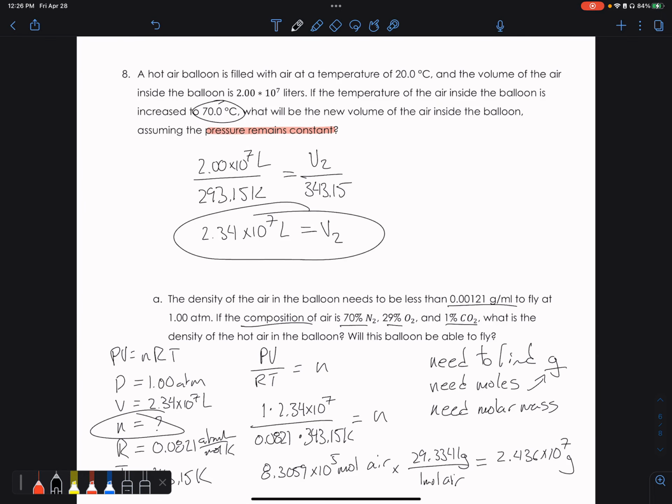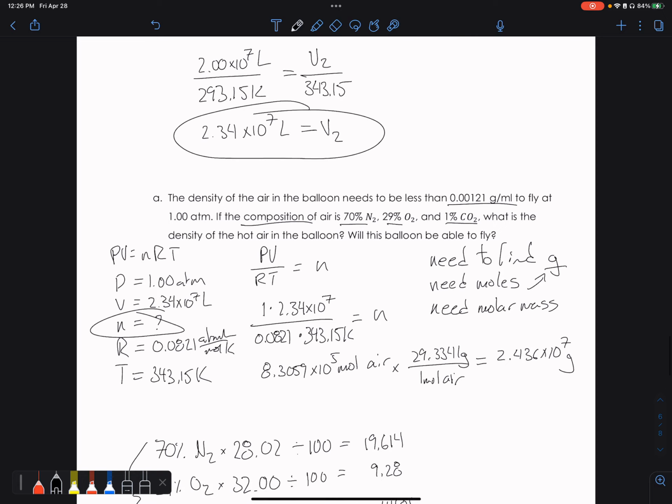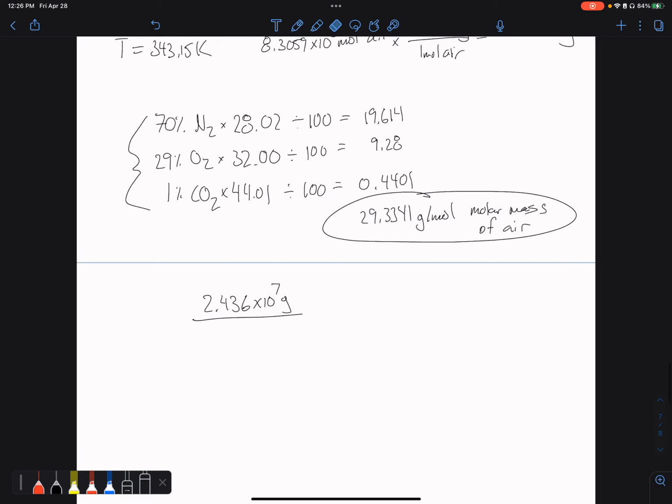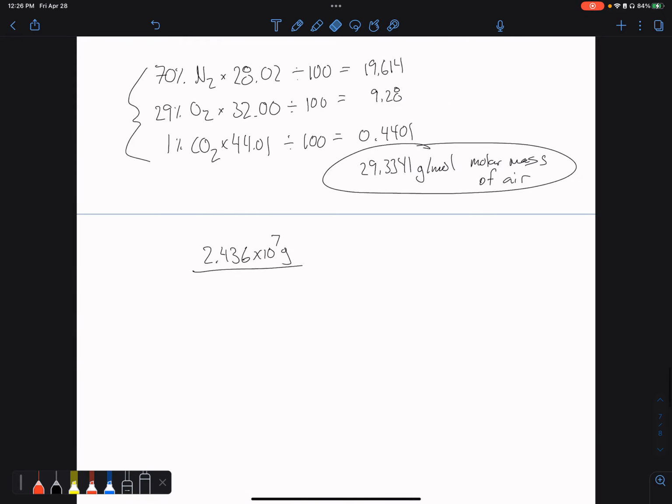Now our volume up here is in liters, so we need to convert that to milliliters. Let's do it over here. So that's 2.34 times 10 to the 7 liters. Now 1 liter is 1,000 milliliters. So 2.34 e to the 7 times 1,000 will be 2.34 times 10 to the 10.